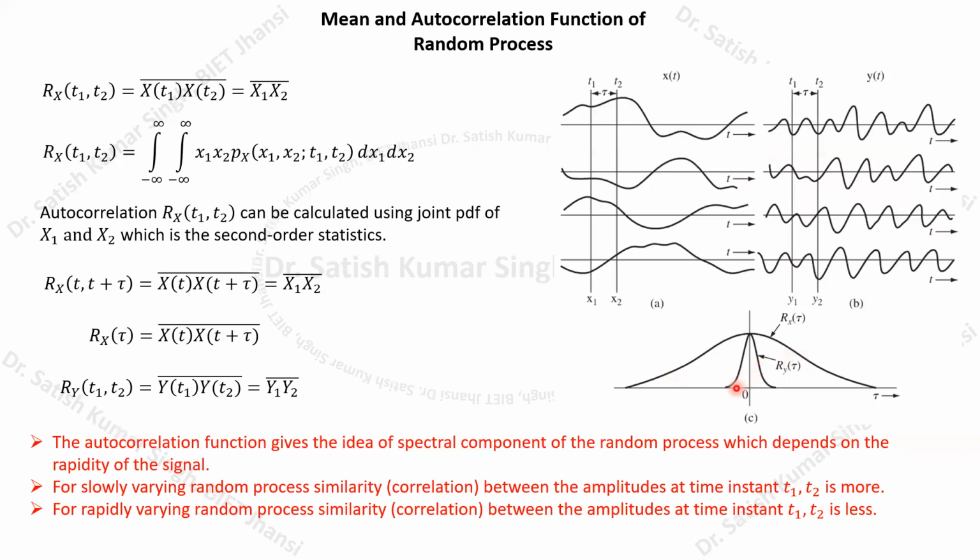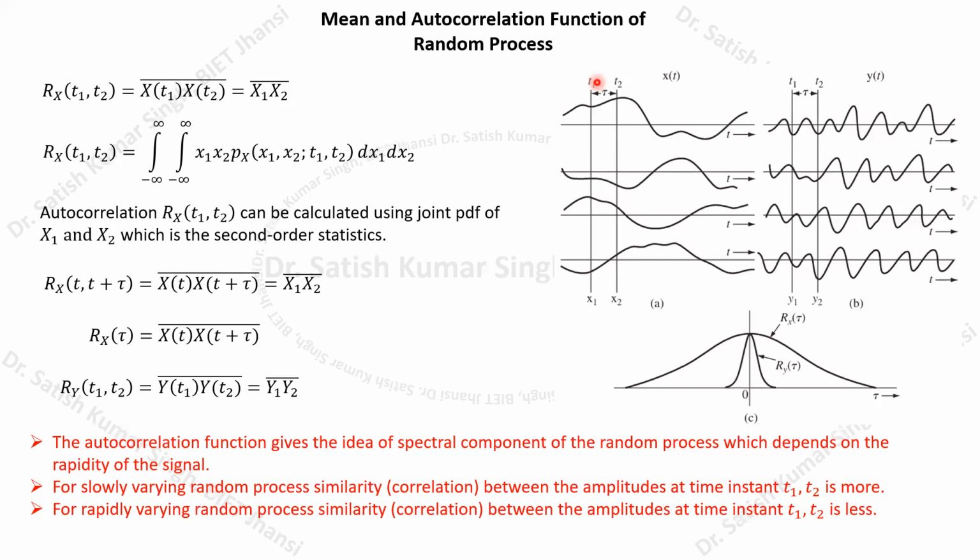Whenever you find that the autocorrelation function has a very narrow curve, it means the signal is rapidly varying. Normally this rapidity shows that there is less sample-to-sample correlation, so the randomness of the signal is much more in this case than in this case.